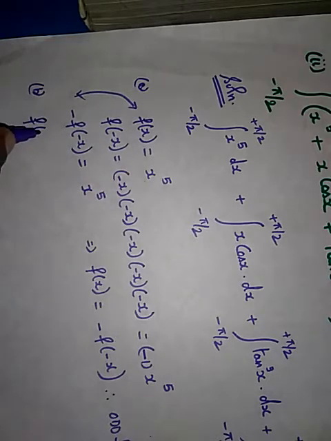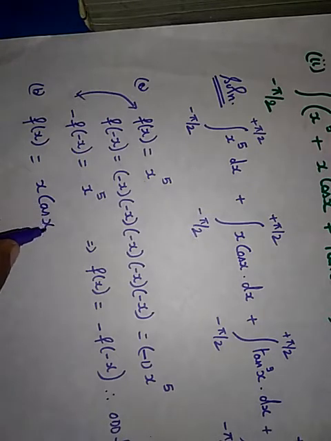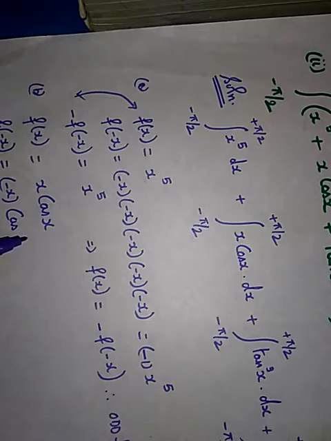Now f of x is equal to x cos x. So we will check for f of minus x. This will become minus x into cos of minus x. We all know that cos of minus theta is cos theta. Therefore we can write it as cos x.